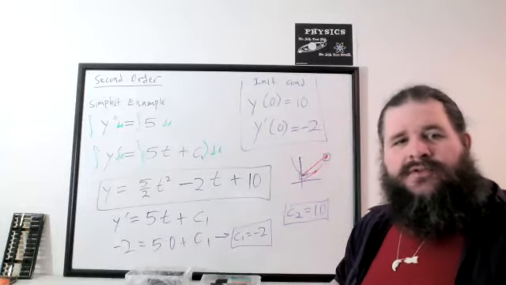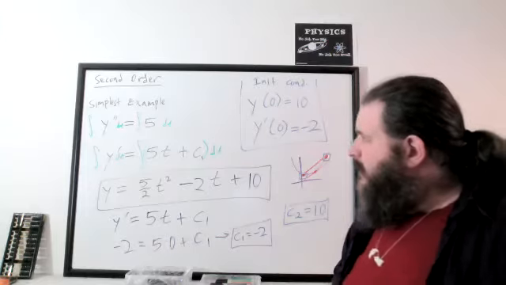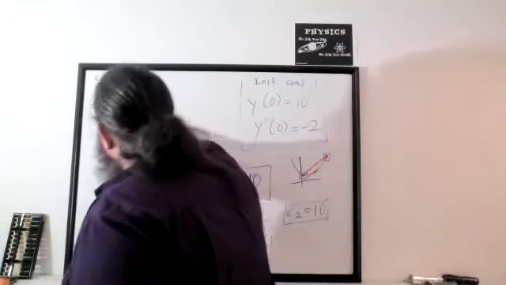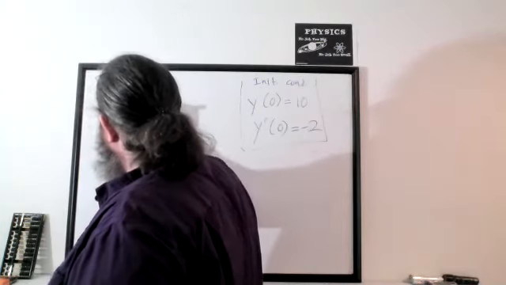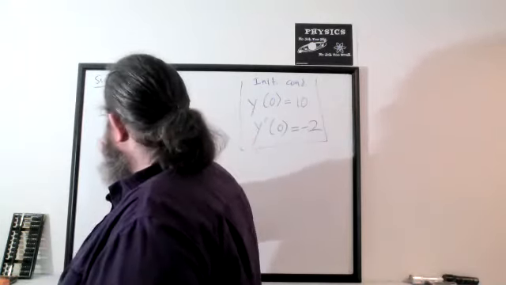And I think it's very useful to look at this in terms of the physics applications of this, because if we're talking about, let's say, y represents position, if we're talking about a function that represents position, then what would y prime represent?